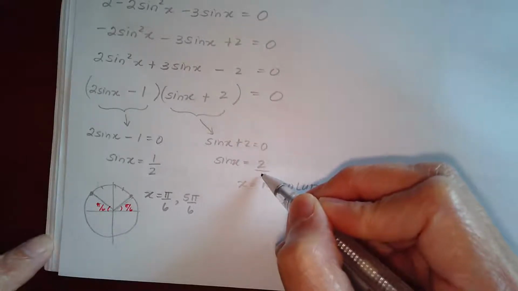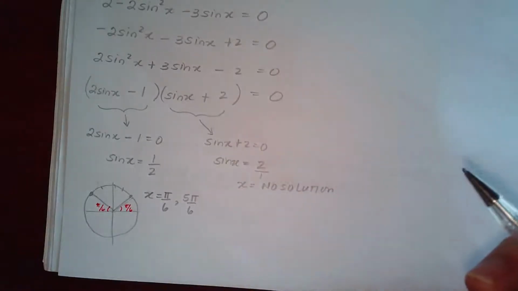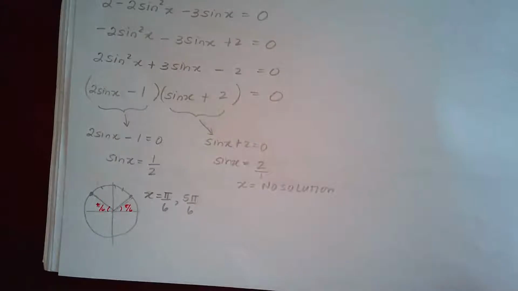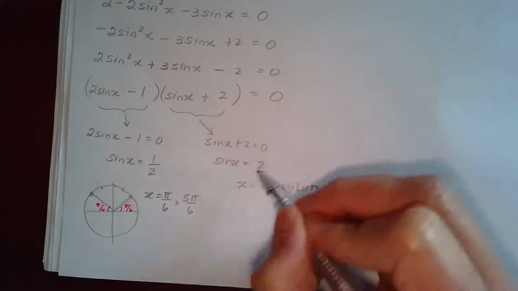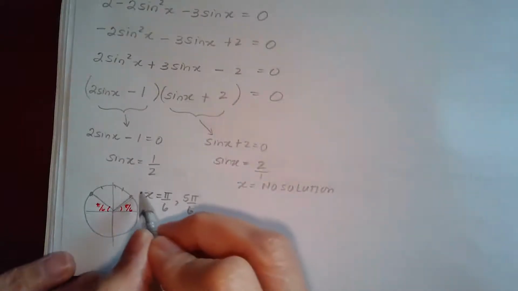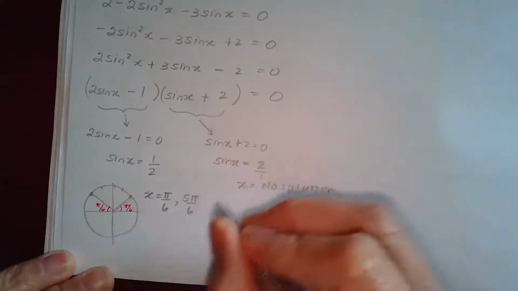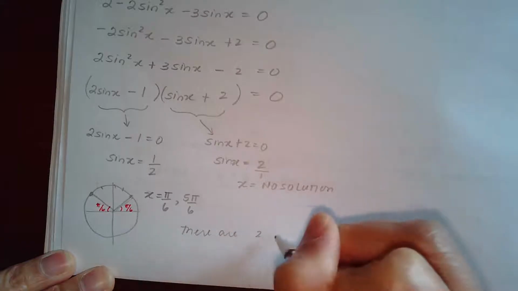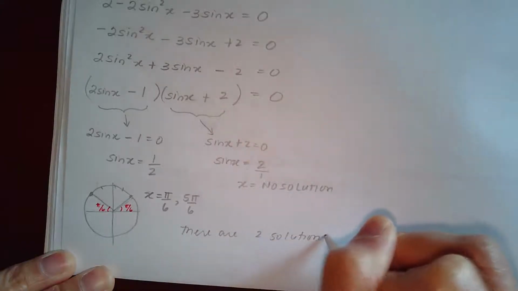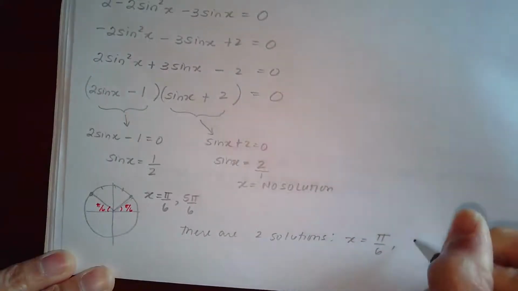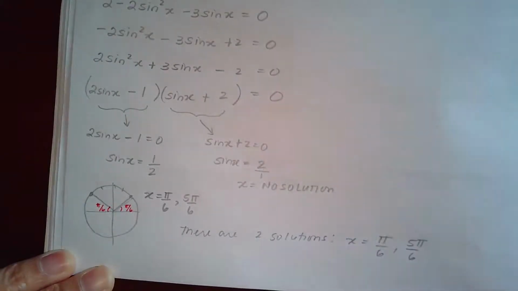So in this particular case, there's no solution, because there's no such triangle. So these are the only two solutions: pi by 6 and 5 pi by 6.